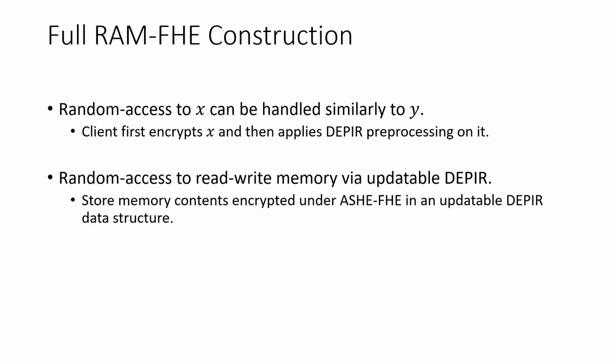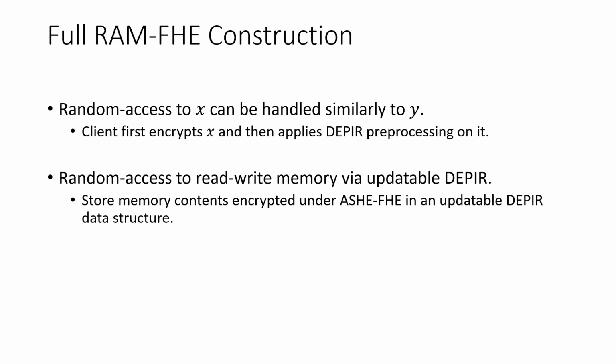So the question is that even if the memory is not encrypted, we already need a new data structure to support the writes. And that unencrypted memory is actually similar to PIR. We call it updatable PIR. And I'm going to show you the simpler unencrypted variant of updatable PIR instead of the whole memory encrypted, as there are too many layers.